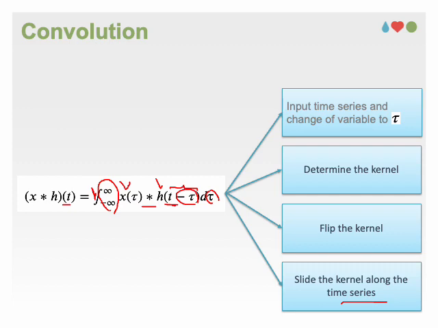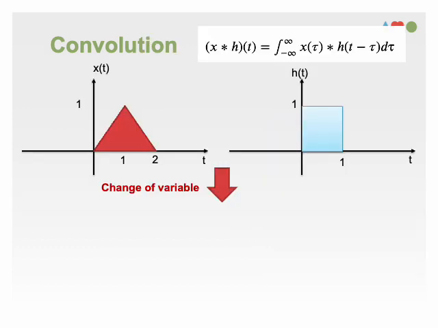Now I will provide a visual explanation of the convolution using two functions as an example. I convolve a triangular waveform x(t) and a pulse function or rectangular function h(t). The resulting function represents the overlap or combination of the two original functions. The first important step in calculating the convolution integral for a time series is to prepare the functions involved.